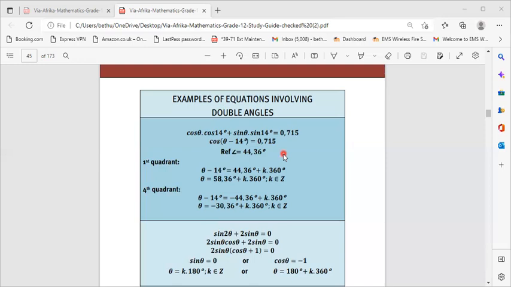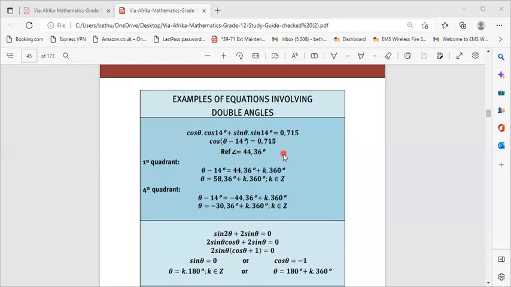Let's first start off with the first quadrant. We will have theta minus 14 degrees is equal to 44,36 degrees plus k times 360 degrees. Remember, you need to isolate theta. So what does it mean? We need to move the minus 14 to the right-hand side of the equation.